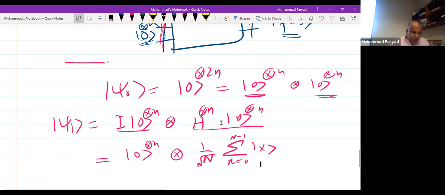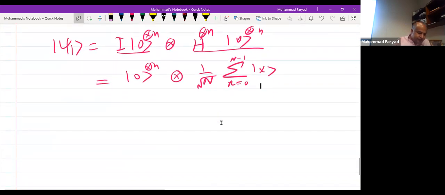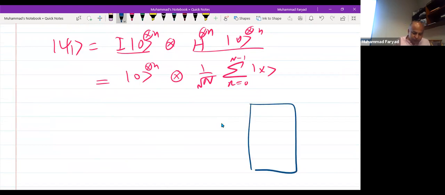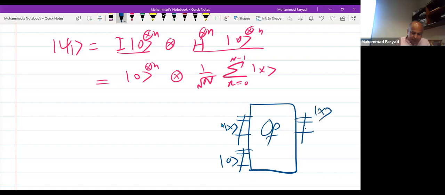And now we have to apply our oracle. Let me just show you what the action of the oracle is. So if we have an n-bit input, this remains x, and this becomes f of x.